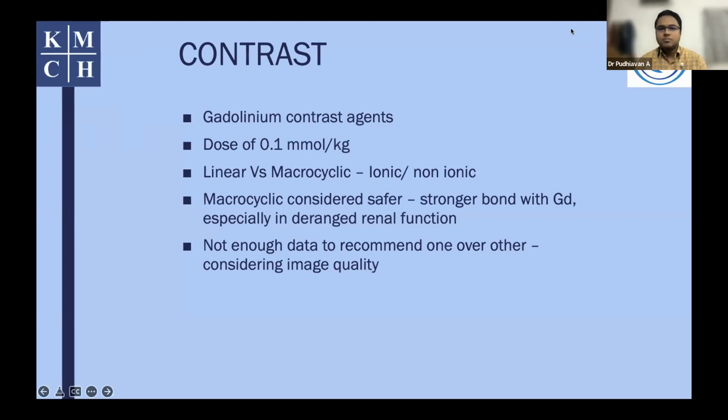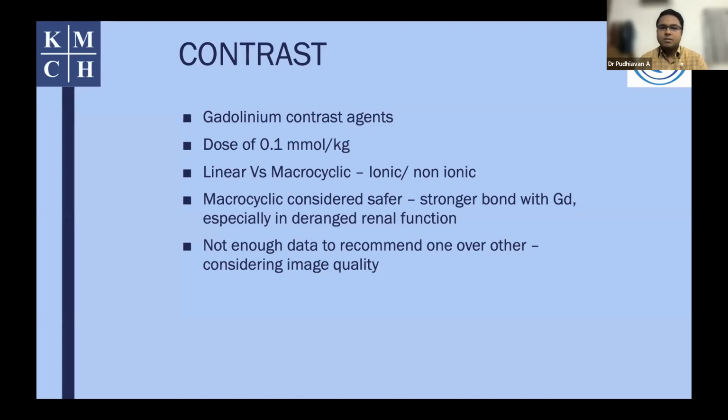Coming to these two contrast agents, the macrocyclic gadolinium contrast is considered to be a safer contrast, especially in patients with deranged renal function, because it has a stronger bond with gadolinium, and the rate of gadolinium deposition and the risk of NSF is considered to be smaller with macrocyclic agents compared to linear agents.